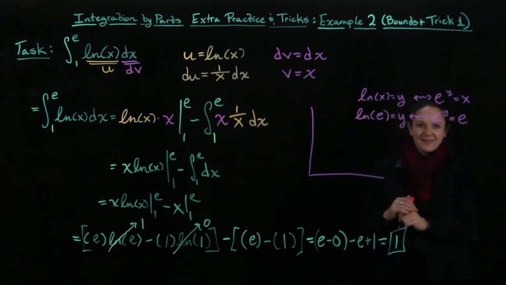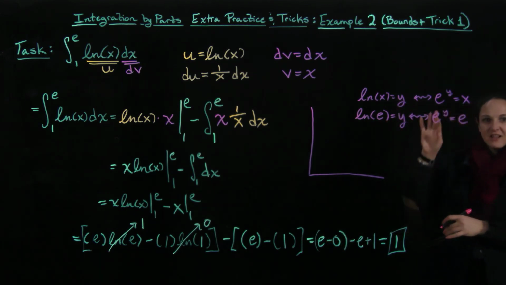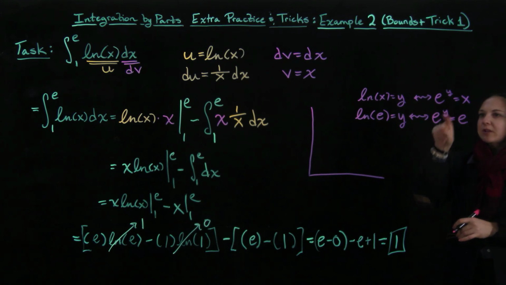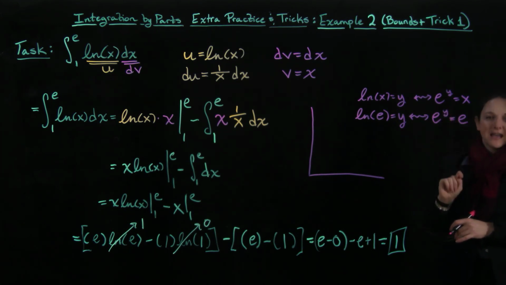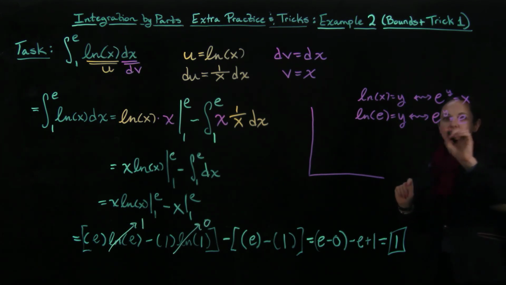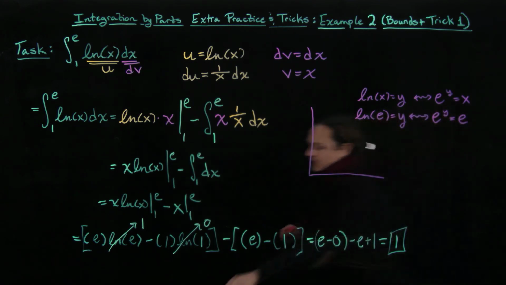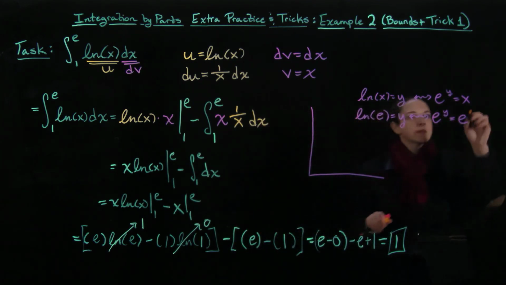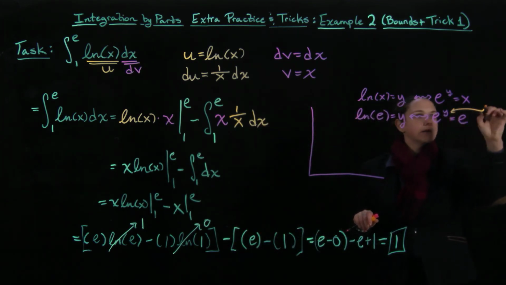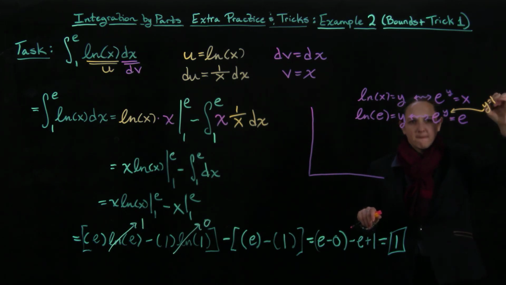Well, what does y have to be in order for e to the y to equal e? It has to be 1. So that gives me that y has to equal 1. That's the only way for this to work out.